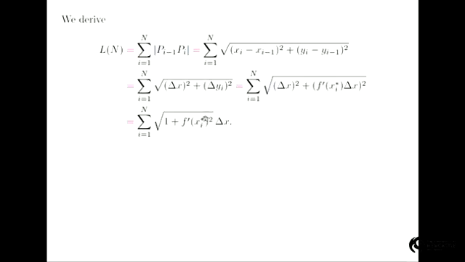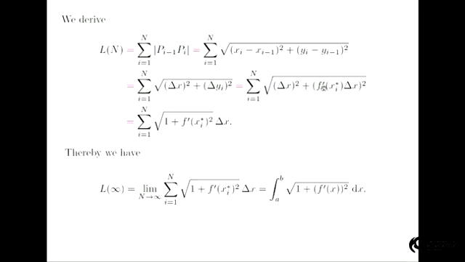So this is just a simplification of this, and thereby we have an integral, right? This is an integral by definition. This is sort of the moral that I've been trying to push on you guys, that this integral symbol is a notation. It's just a notation for adding up an infinite number of stuff.